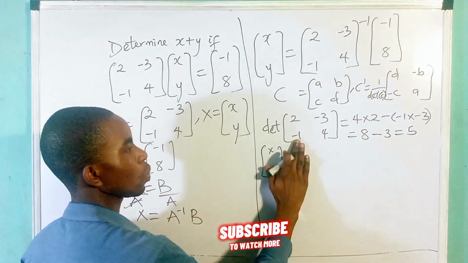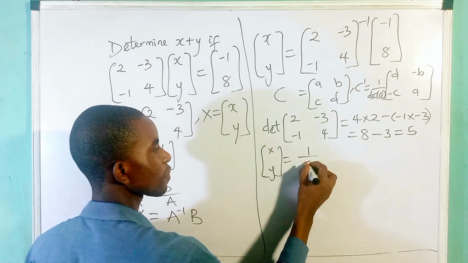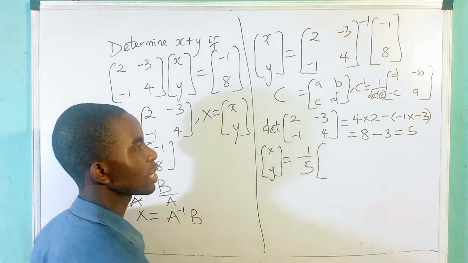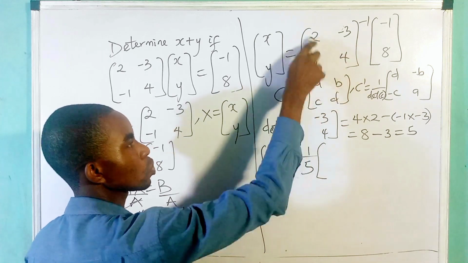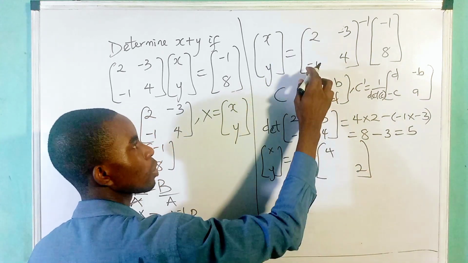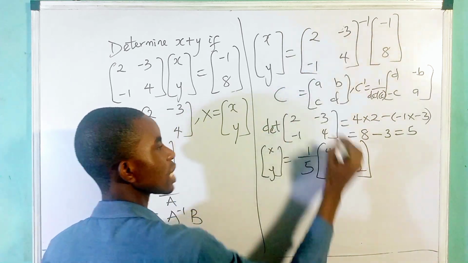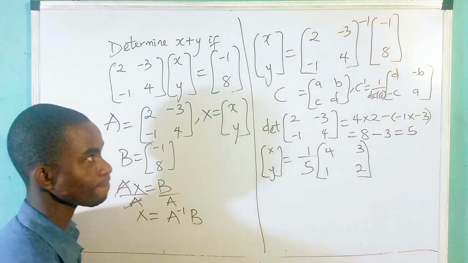Now I'm just going to work with this formula. So 1 over the determinant, which is 5, times, we said we'll switch this, so we have 4 here and we have 2 at this side, and then we multiply both of these with minus. So minus times -1 is 1, minus times -3 is 3.